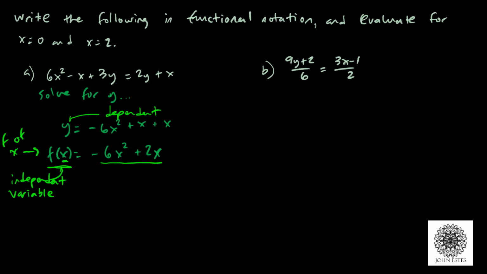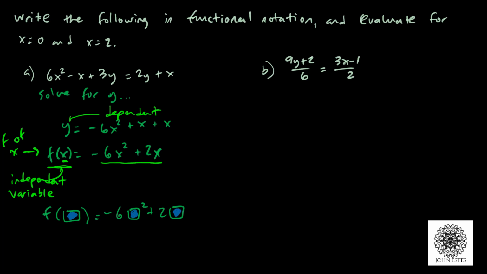Now a good way to think about this is whatever you plug in for x, it's like an open box. Whatever you put into that spot has to go into all the boxes. So for example, if I said I want to know what f of blue is, then that's going to be negative 6 times blue squared plus 2 times blue.